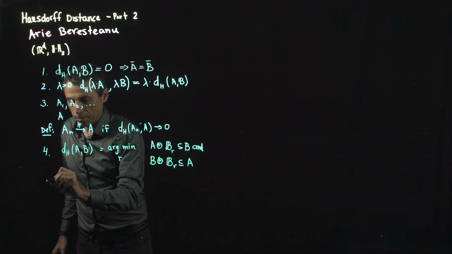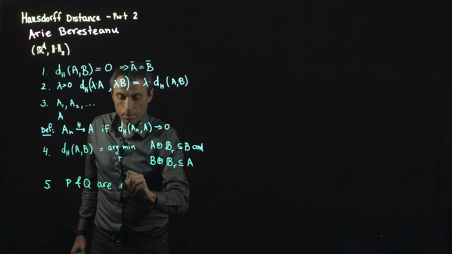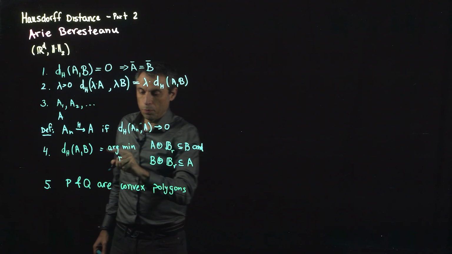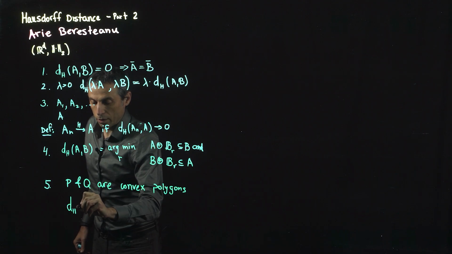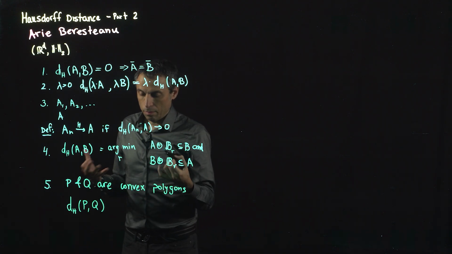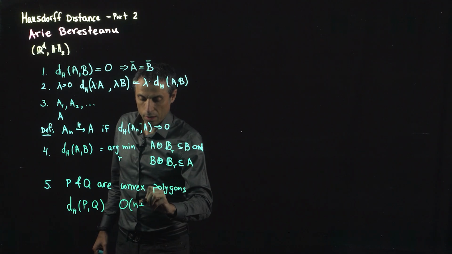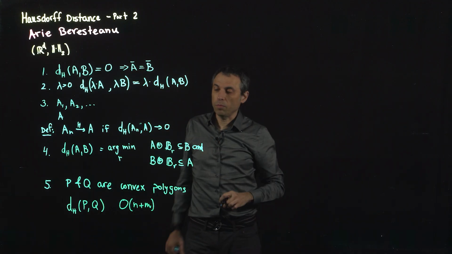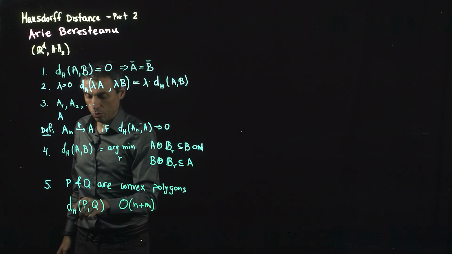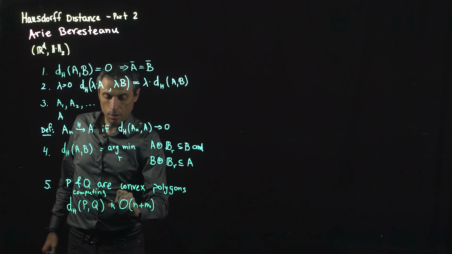Let's think about some special cases. If P and Q are convex polygons, then computing the Hausdorff distance between the polygon P and the polygon Q can be done in linear computing time, which depends on n plus m, where n is the number of vertices for polygon P, and m is the number of vertices for polygon Q. So the computation of this is O(n plus m).